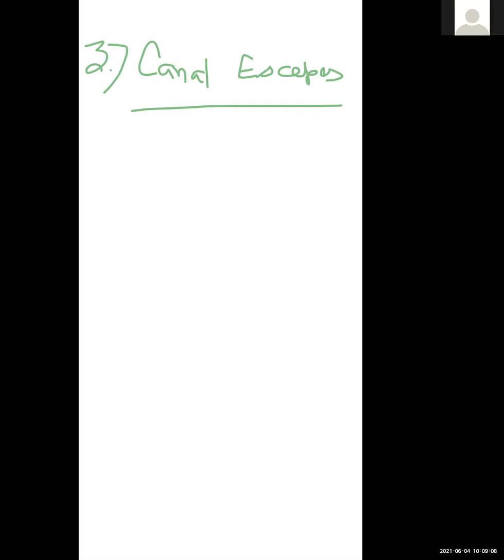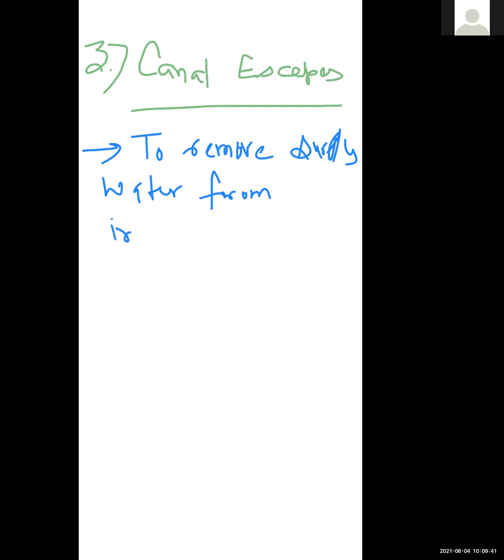So write the purpose of the canal escape. A canal escape is also a canal, but it is constructed at the side of the main canal, branch canal, or distributaries. The purpose is to remove surplus water from irrigation channels.